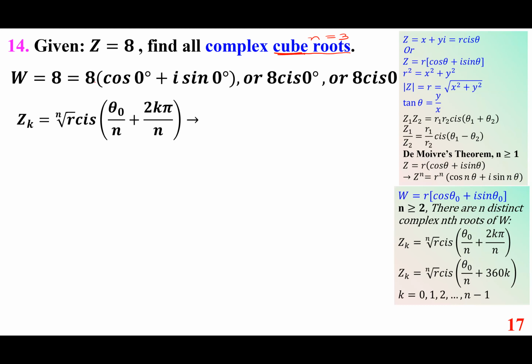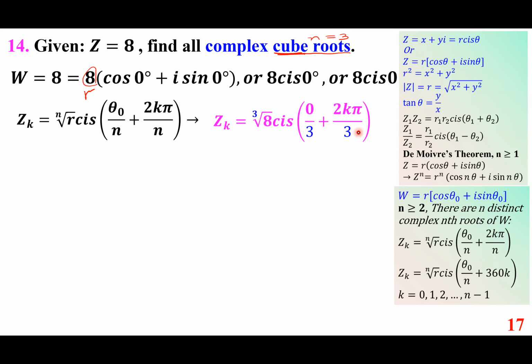And this is your r. And so this is 0, basically has no bearing. This is 2. So you end up with 2 cis 2k pi over 3.